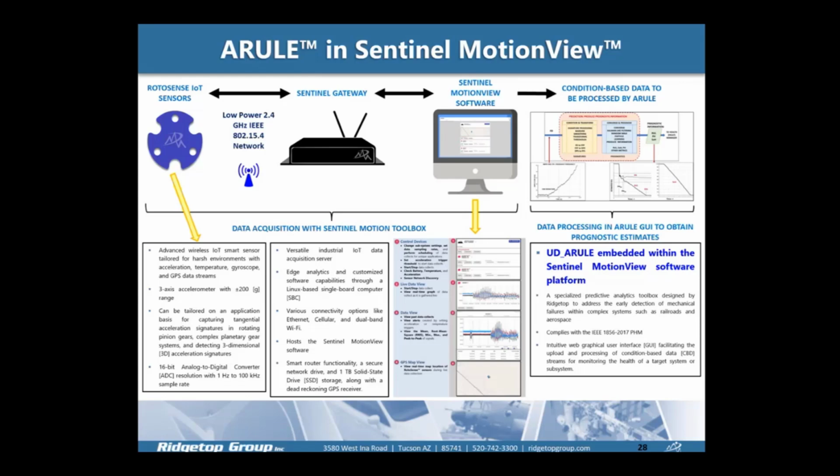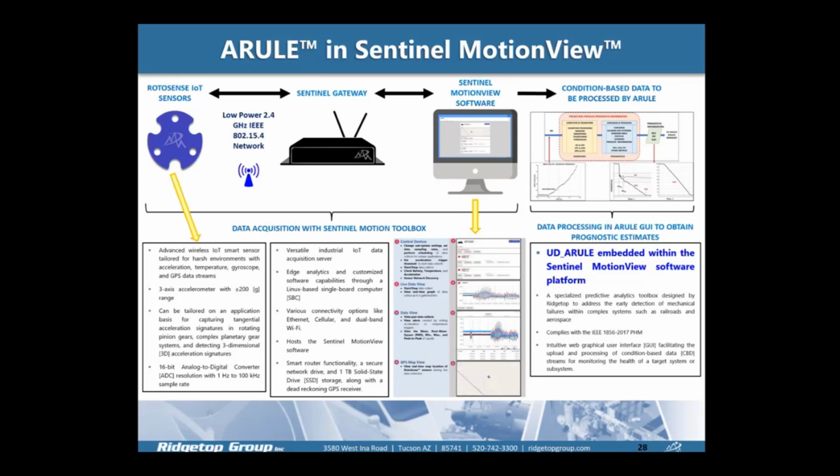It has a smart router functionality, network drive, and a 1 TB solid state drive, along with a dead reckoning GPS receiver. Once all the data comes into the gateway, one can further send it down to our Sentinel Motion View software, where the user can see and analyze this data. One can also control the gateway as well as the sensor from the Sentinel Motion View software.